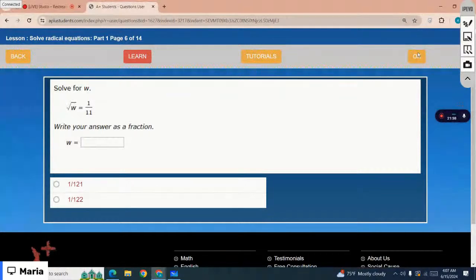The correct option is w equals, yes, option number 1. That would be 1 divided by 121. Option number 1 is the correct option, sorry.